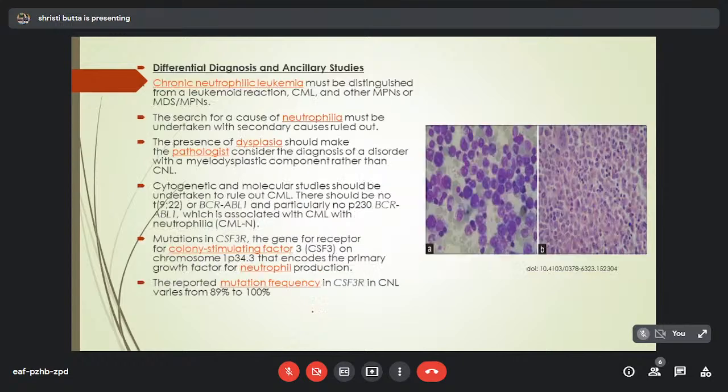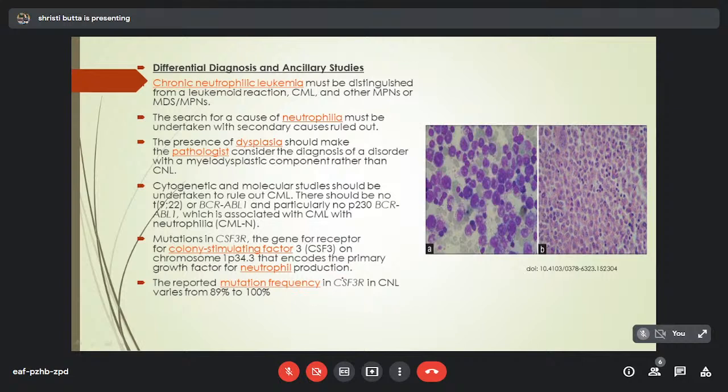What are the differential diagnoses, and how do you ascertain it? The differential diagnosis of a leukemoid reaction besides CML that we know of is also CNL. What is this? Now, CNL, chronic neutrophilic leukemia, has to be distinguished from a leukemoid reaction. Okay, it is important because patients present with neutrophilia. In addition, there is also a dysplasia with a very important mutation that is seen in about 89 to 100% of these cases.